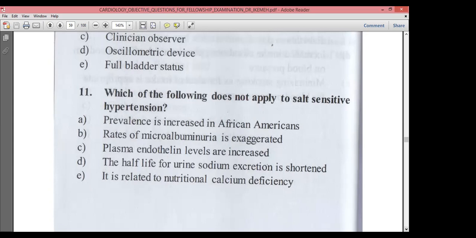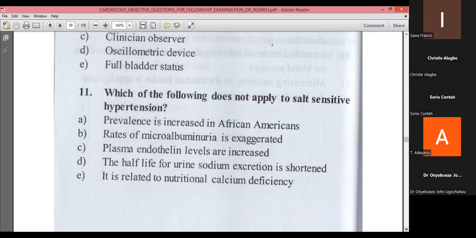And these patients generally tend to have relatively low renin levels, and the response of the RAS system to sodium load is sort of blunted. Because normally when you get a sodium load, your renin secretion should drop so that you reduce production of aldosterone and then you excrete sodium.